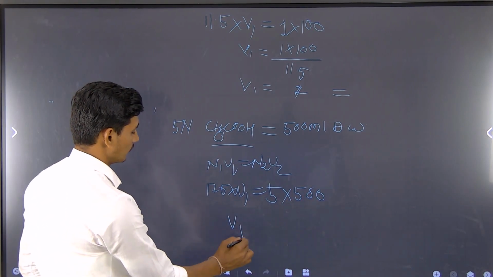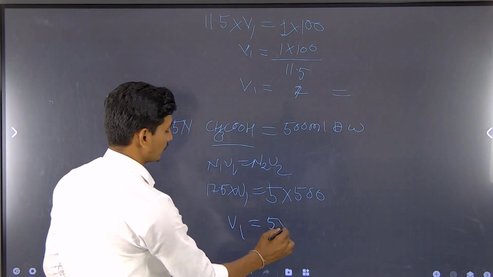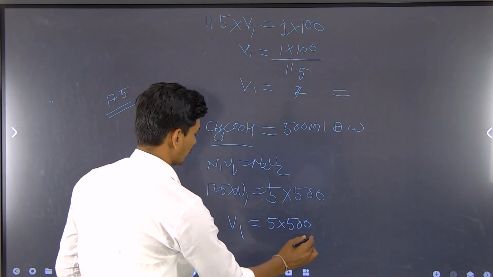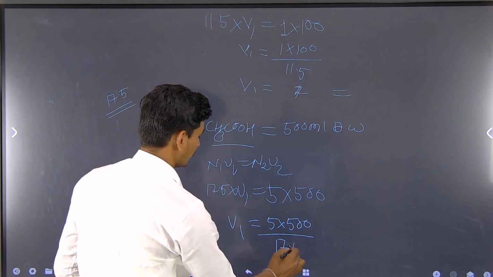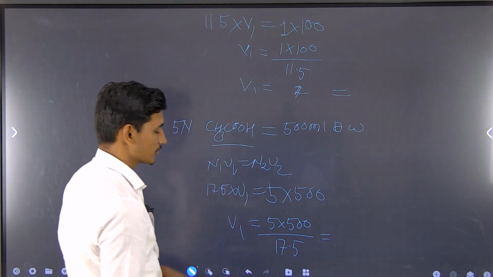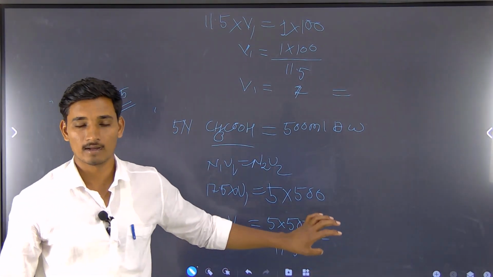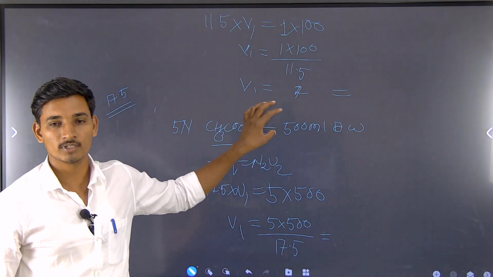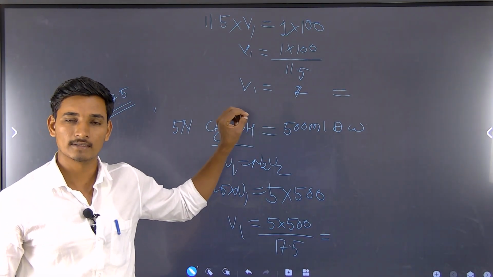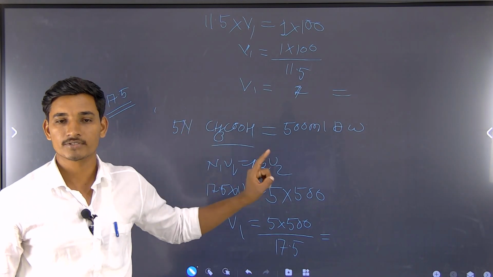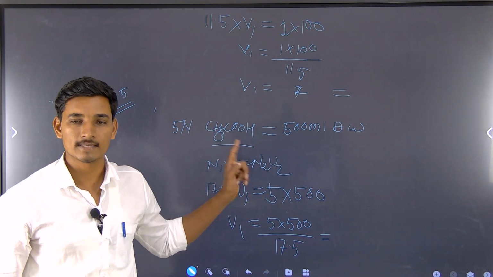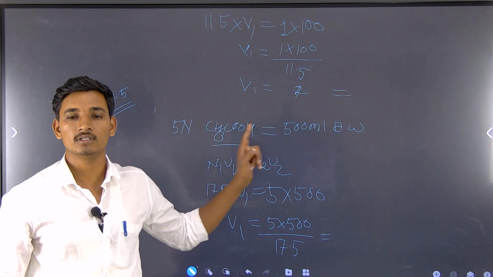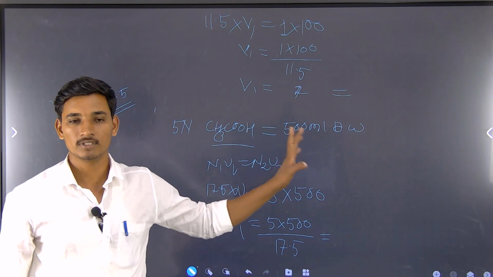So we get 5 into 500 divided by 17.5, and with further calculation we get an answer in ml. We dilute that quantity into 500 ml of solution, and this is the preparation of 5 normal acetic acid solution in 500 ml of distilled water.